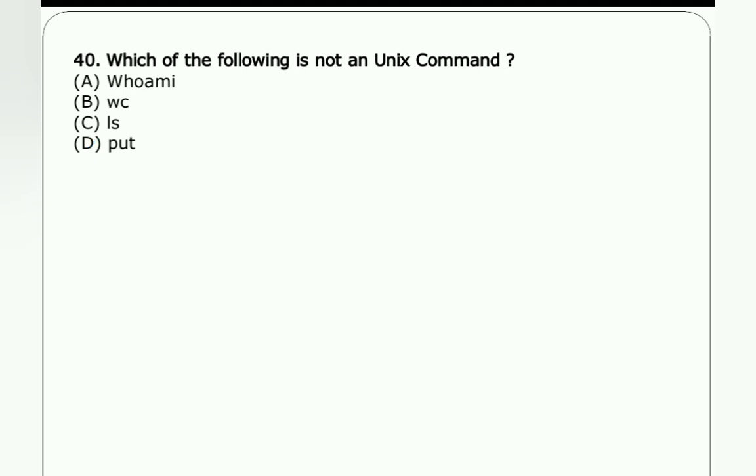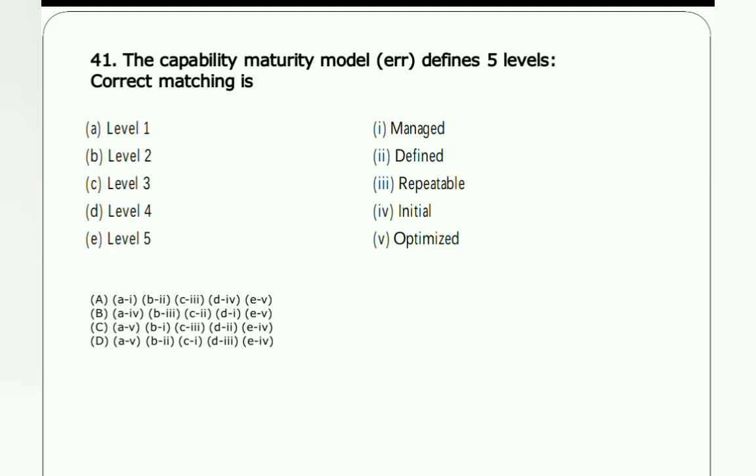Okay. Next one. The capability maturity model defines 5 levels. Match these 5 levels with their defined process, level 1 to level 5. Capability maturity model, CMM, is a methodology used to develop and refine an organization's software development process.